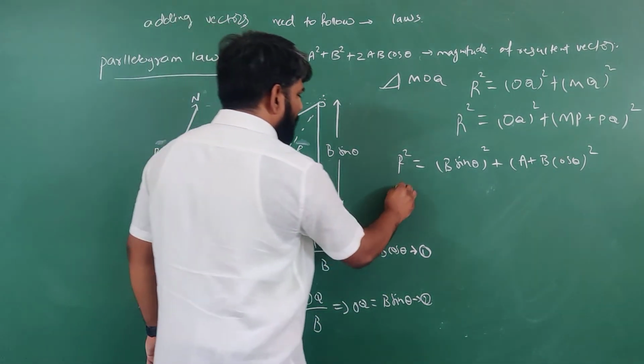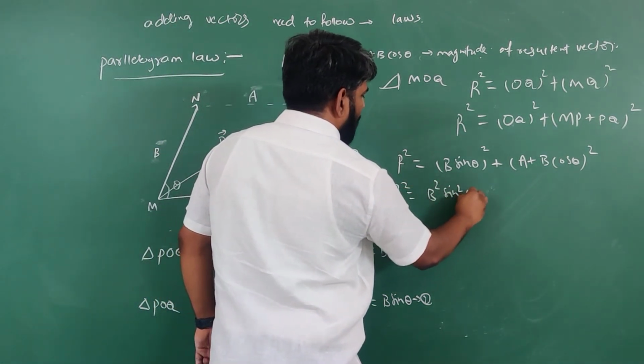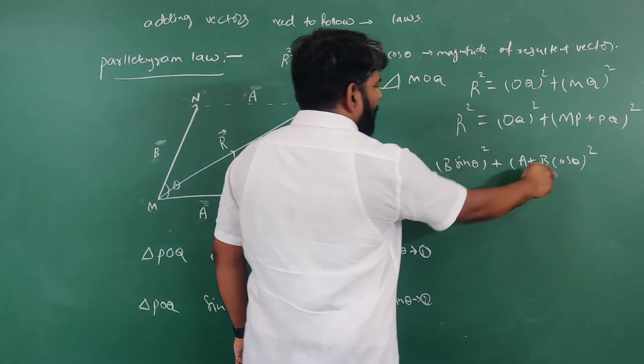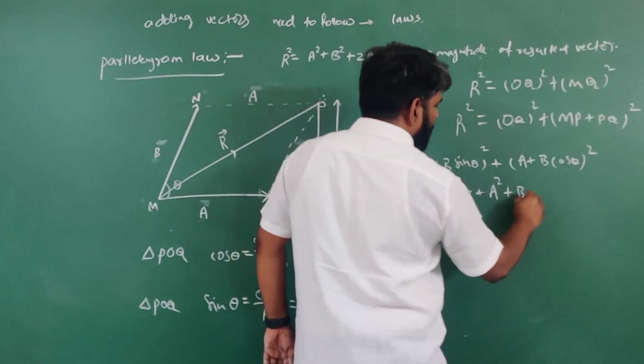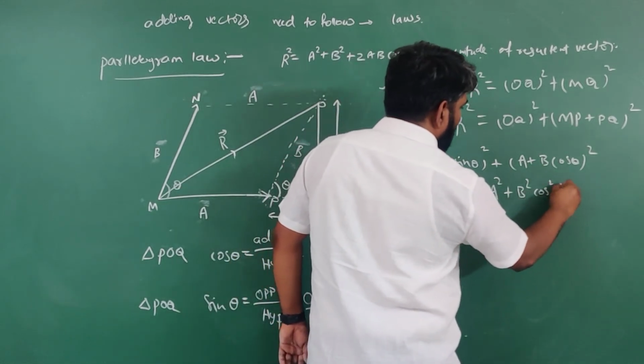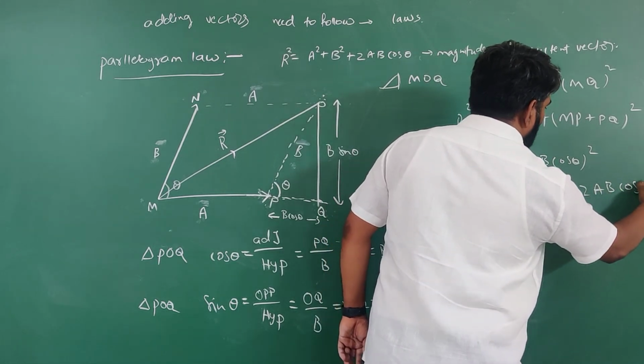Okay? So observe here, students, R square equal to B square sin square theta plus, it is in the form of A plus B whole square. So A square plus B square cos square theta plus 2AB cos theta.